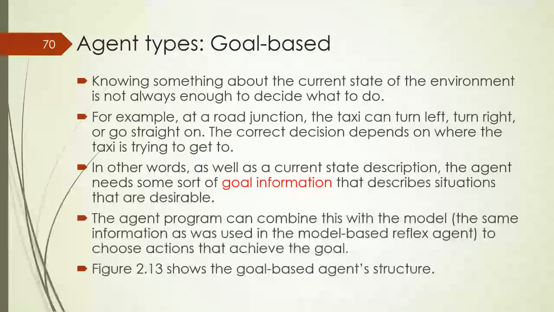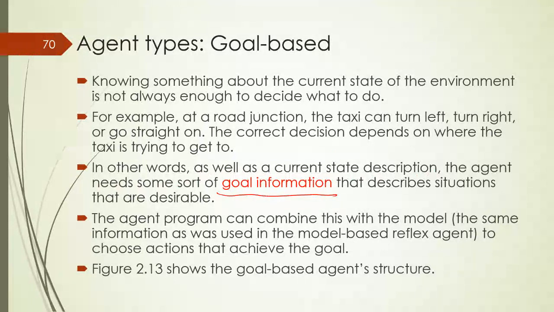How easier would it be to get to my goal this way or another? For example, at a road junction, the taxi can turn left, turn right, or go straight. So the correct decision depends on where the taxi wants to go. In other words, as well as the current state description, the agent needs some sort of goal information that describes situations that are desired.